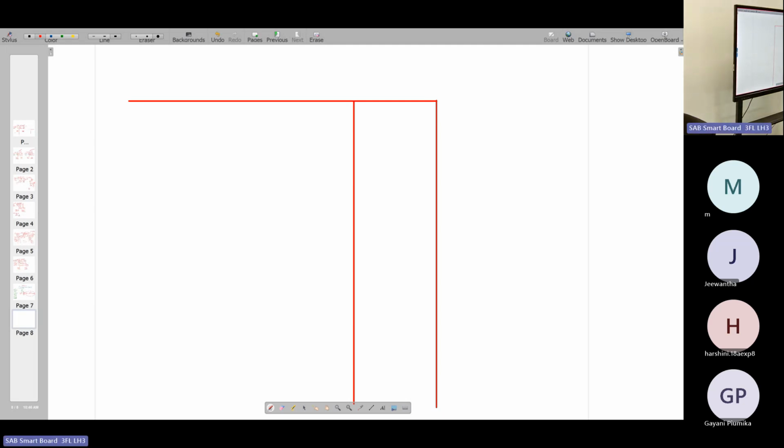Is that clear? A and X group. 31st March 2018.